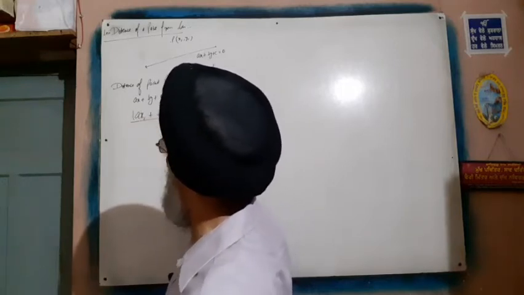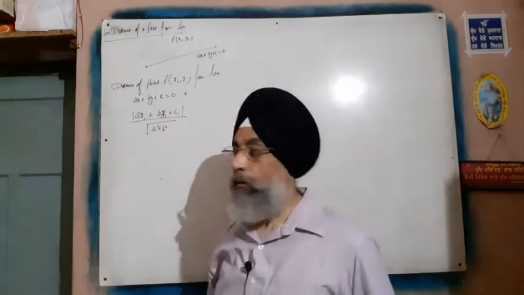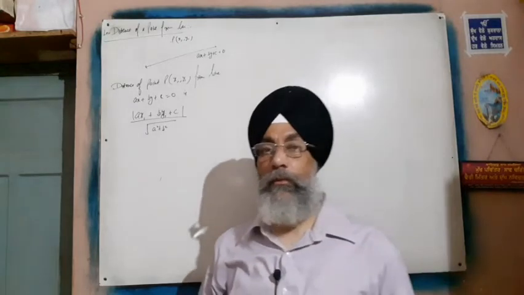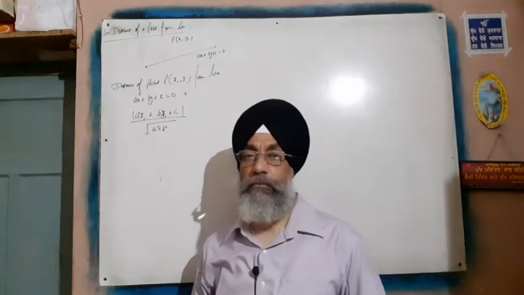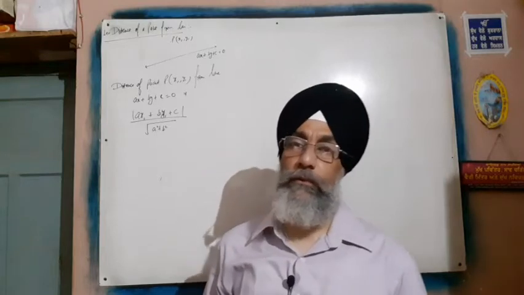Where there is x and y, we have to place the values of x and y there. So it becomes a x1 plus b y1 and the constant as it is, that is c.